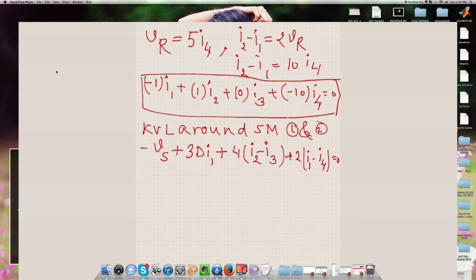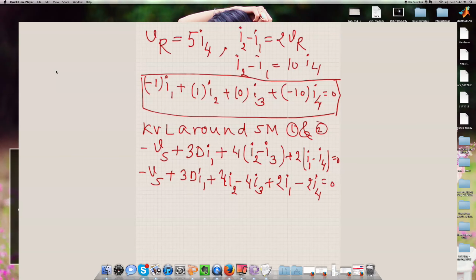So this is to say minus Vs plus 3D I1 plus 4I2 by expansion, of course, minus 4I3 plus 2I1 minus 2I4 equals 0.